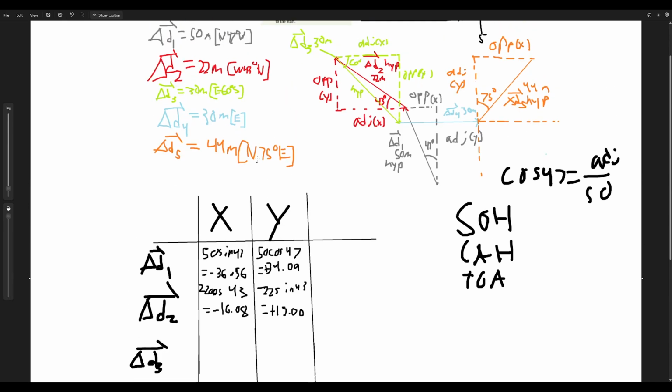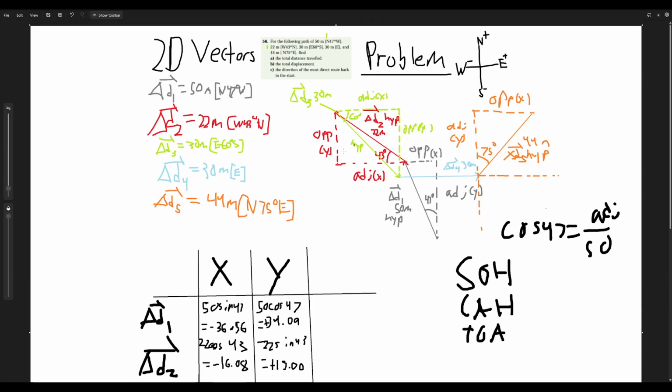Now third displacement, 30 meters east, 60 degrees south. This one is kind of tricky to look at, but we know our angle is 60. Our adjacent is our x and our opposite is our y. To solve for our adjacent, or how much it moved horizontally, we use cosine. We follow the same format. Cos 60 is equal to adjacent over hypotenuse, and our hypotenuse in this case is 30.